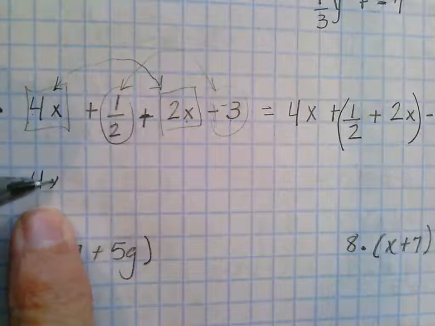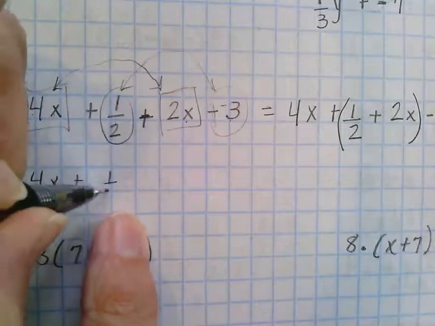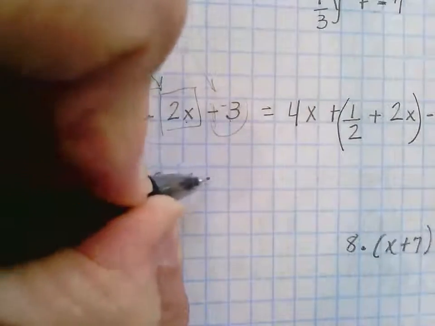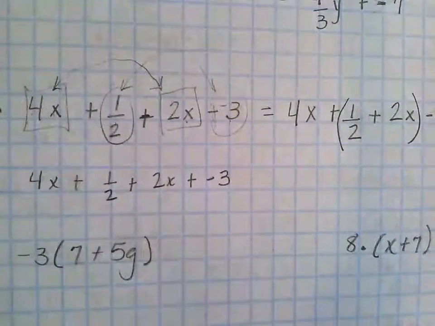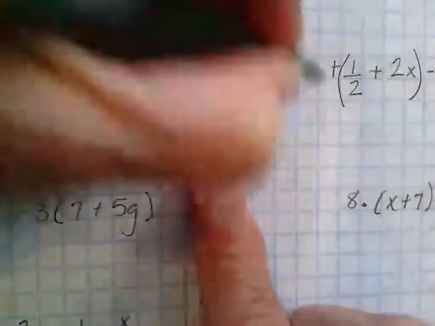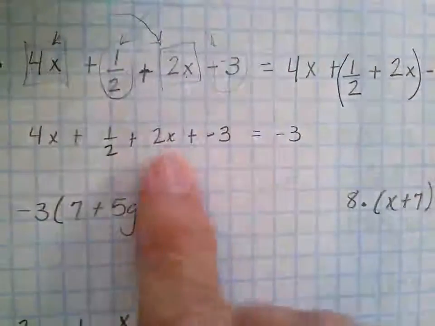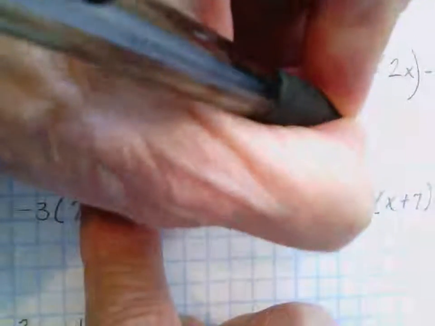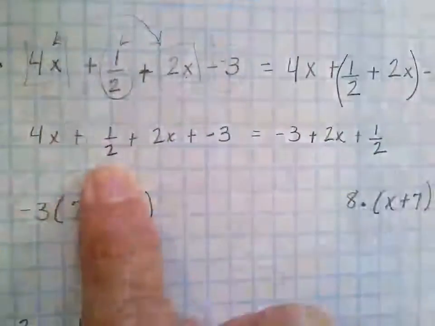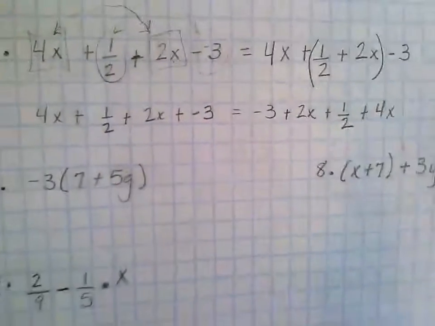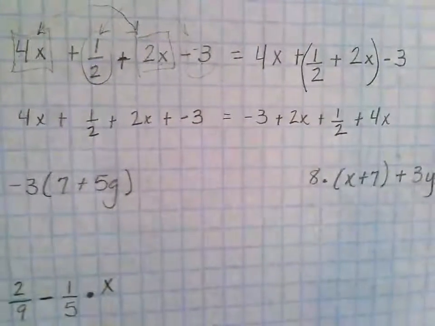So 4x plus 1/2 plus 2x plus -3, to show the commutative property, then I would just rearrange these in any order I wanted. I'm just going to rewrite it backwards from front to back. Now I'm showing it with the commutative property.